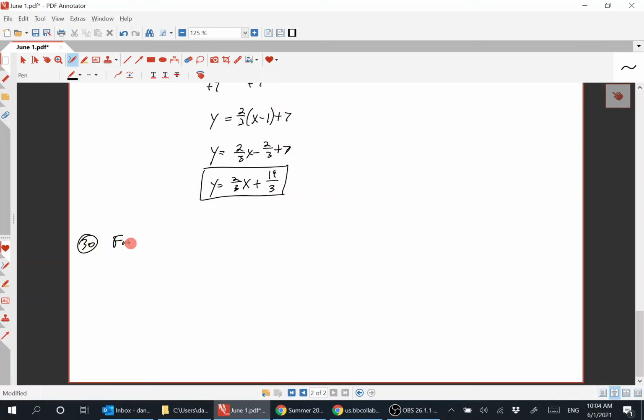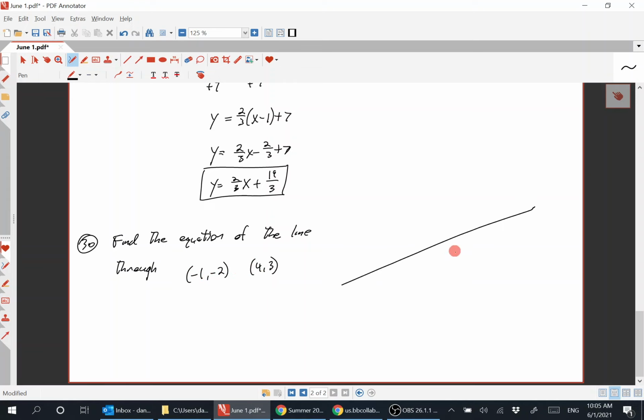So we'll find an equation of the line through two points, (-1, -2) and (4, 3).